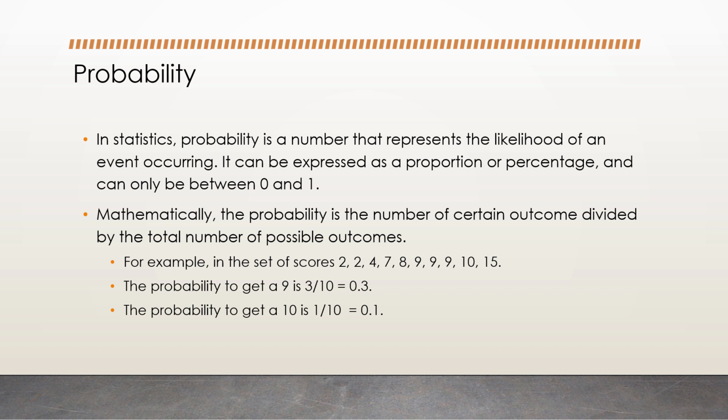For example, in a set of scores 2, 2, 4, 7, 8, 9, 9, 9, 10, and 15, the probability of getting a 9 is 3 out of 10 equals 0.3, and the probability of getting a 10 is 1 out of 10 equals 0.1.